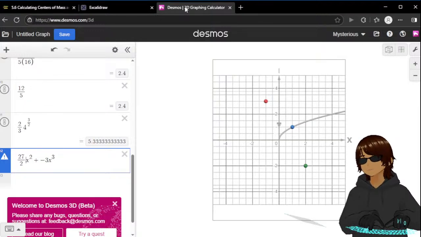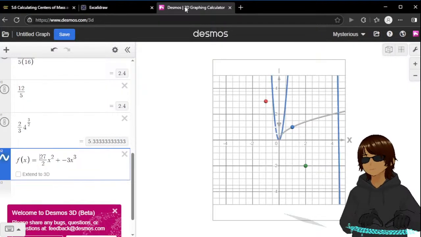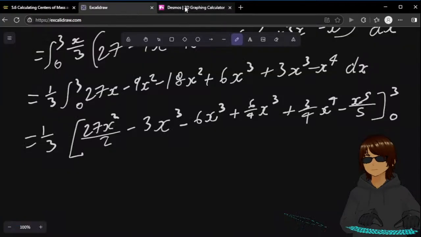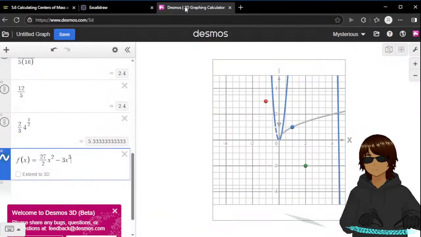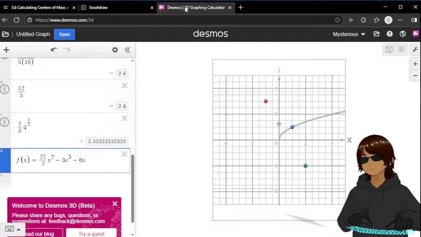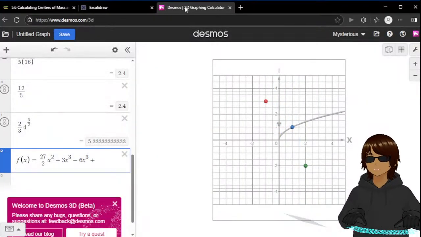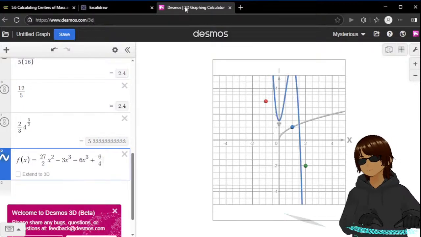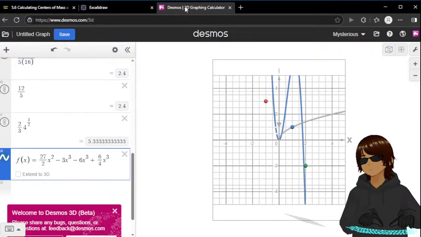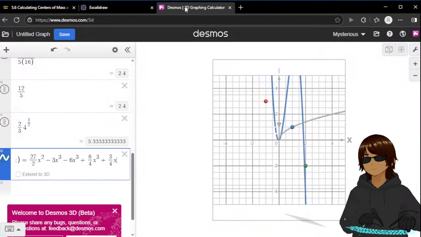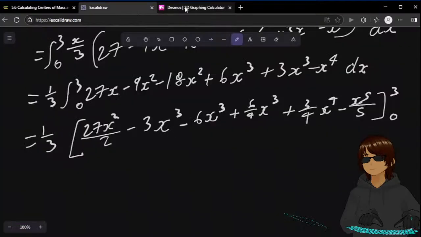I'll just write x minus 6x cubed plus 6 over 4 x cubed plus 3 over 4 x cubed.